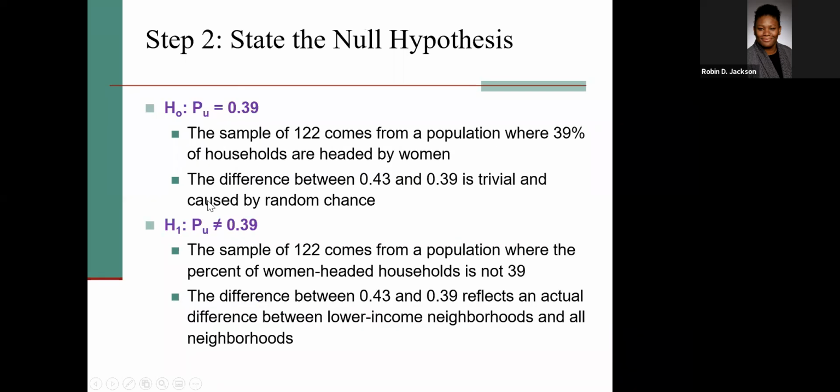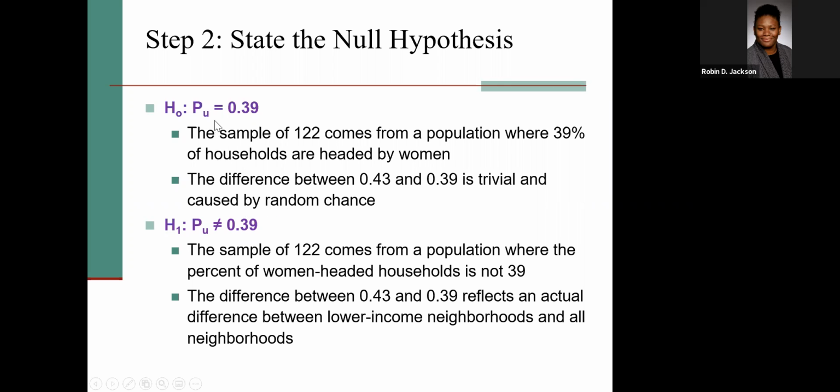All right, so for step 2, you state the null hypothesis. So this is the population proportion is equal to 0.39. Whereas the alternative hypothesis is that the population proportion is not equal to 0.39. So in other words, the difference between 0.43 and 0.39 is trivial and caused by random chance.